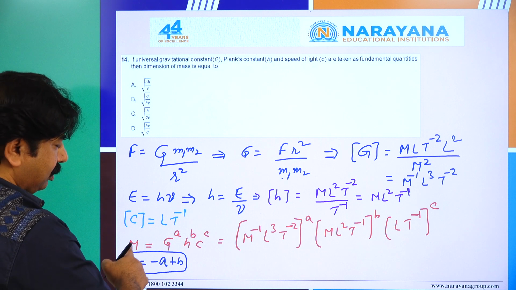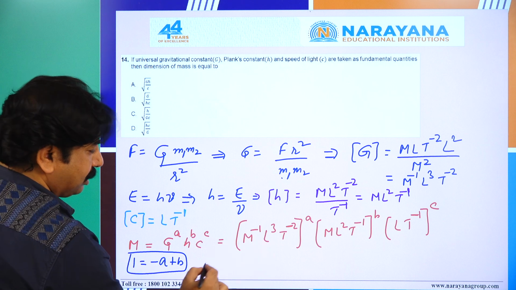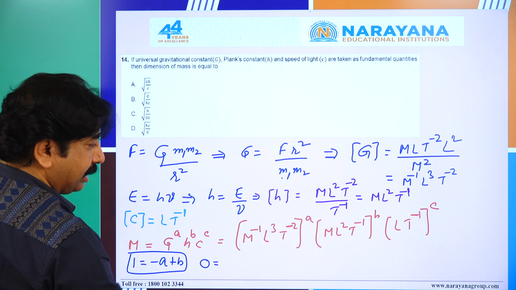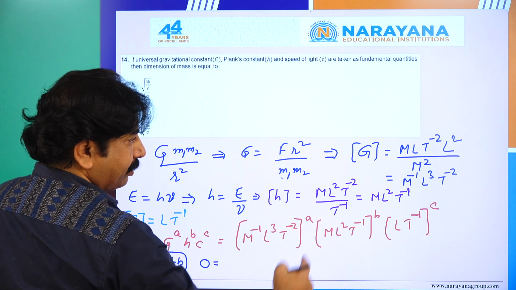Second one, L power is 0 here, so 0 is equal to 3a plus 2b plus c.